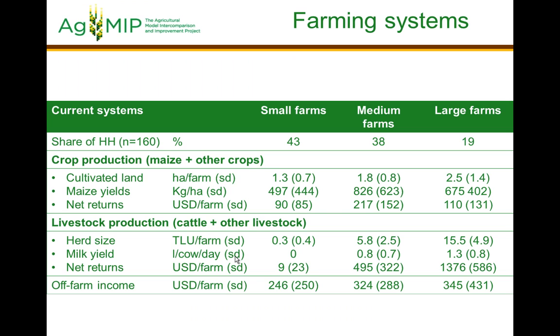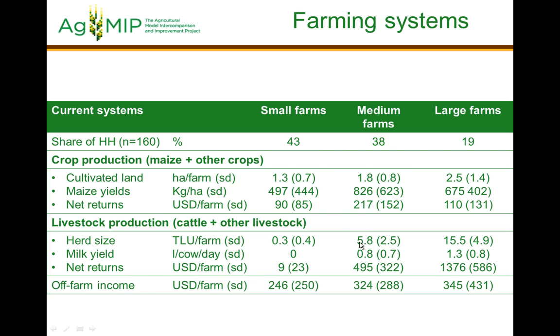Okay, so let's have a look then at some of our data. What is important to mention is that we distinguished 3 different farm types, and those farm types are small, medium, and large farms. And importantly, with respect to livestock, we see that small farms almost have no livestock. They only keep some small ruminants and no cattle.